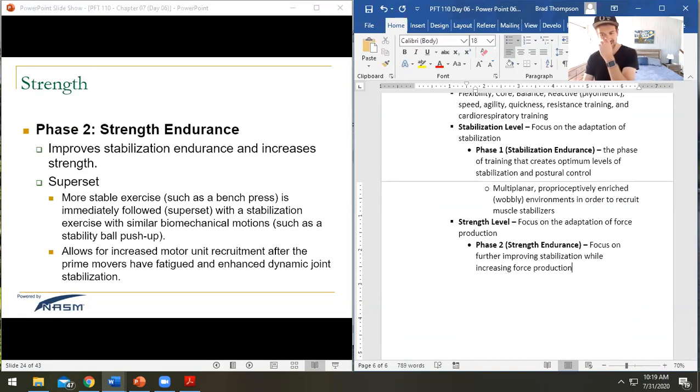So phase 2, honestly, I like to think of as phase 1.5, because you're kind of moving just outside of stabilization, but you're still using stabilization exercises actually. You're gonna pair a stabilization exercise with a strength exercise. So you do a strength exercise first, and you pair it with a stabilization exercise second. And that way you're kind of getting the best of both worlds.